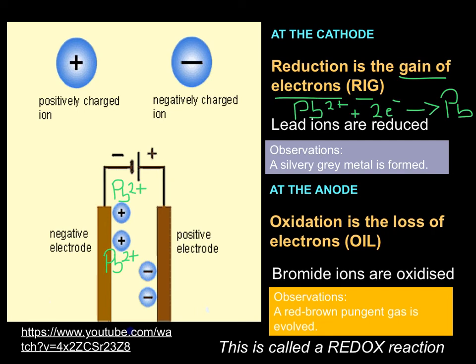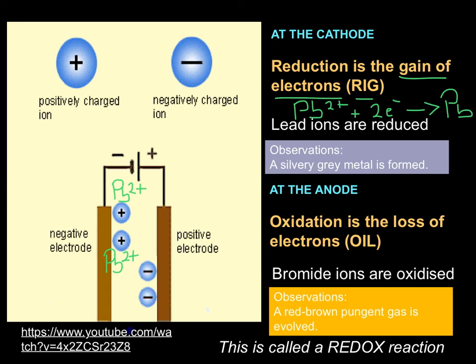Now, if we turn over to page 117, we're going to consider what happens at the anode. Remember, at the anode, I said that the non-metal gas will always form. So will you highlight in the box, the negative bromide ions are attracted to the positive electrode.